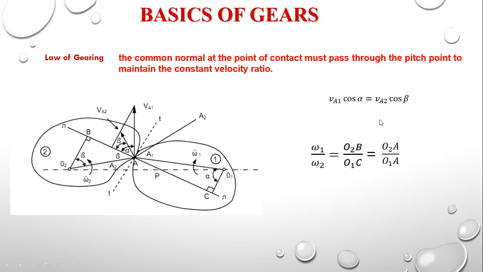This proves that it will run with a constant velocity. Once at the pitch point it runs with a constant velocity, so it always meets at only one point. Therefore it is proved that the common normal to the point of contact must always lie at the same point, and that is called the pitch point. So this is about the law of gearing.